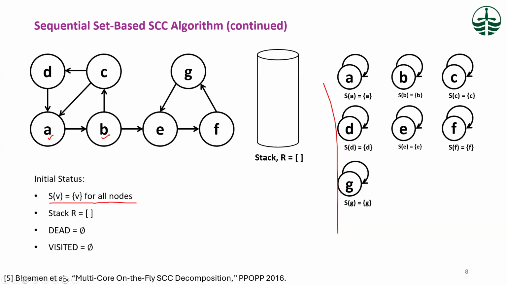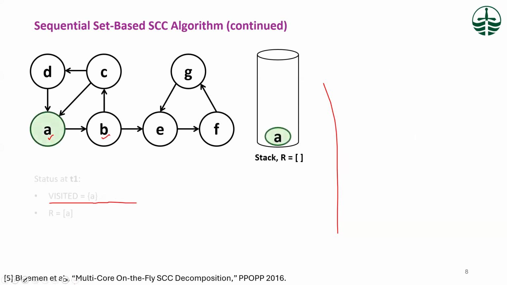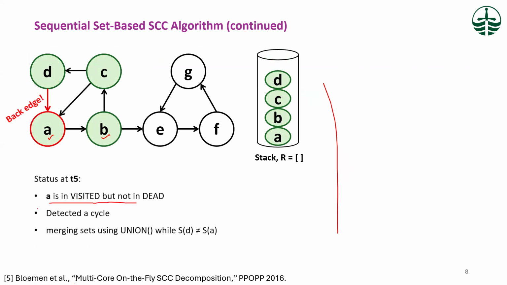Now, let's perform a DFS here. If we think about our time, like T1, at time T1 the worker may have started working from A. Now it will go to the next node like B, and it can go to E or C, but for simplicity we pick C, and then it can go to D. Now it will find a back edge to A. Next time, it will see that A is visited and also not dead, so that means it is in its own stack.